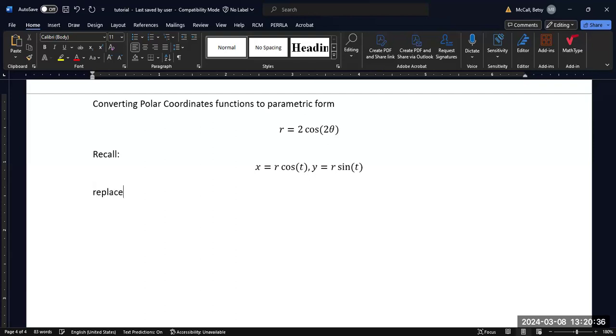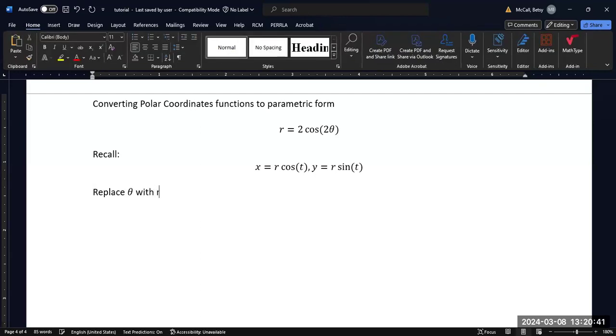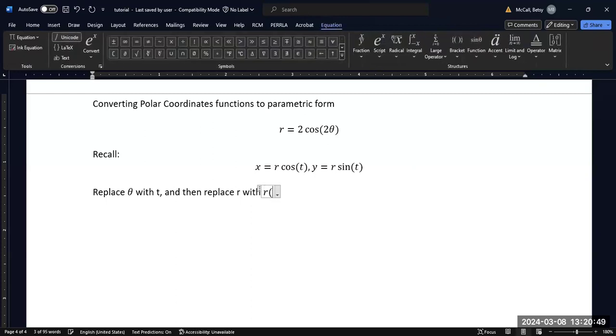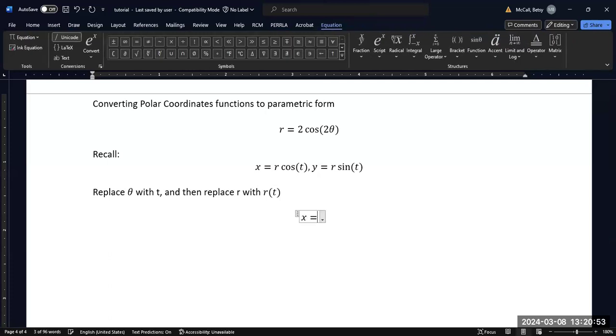We're going to replace theta with t, and then replace r with r of t. And so x will become r of t cosine t, and then y will become r of t sine t, just in general.